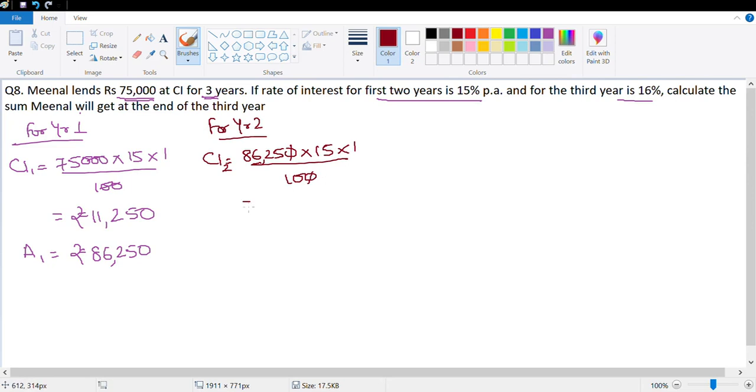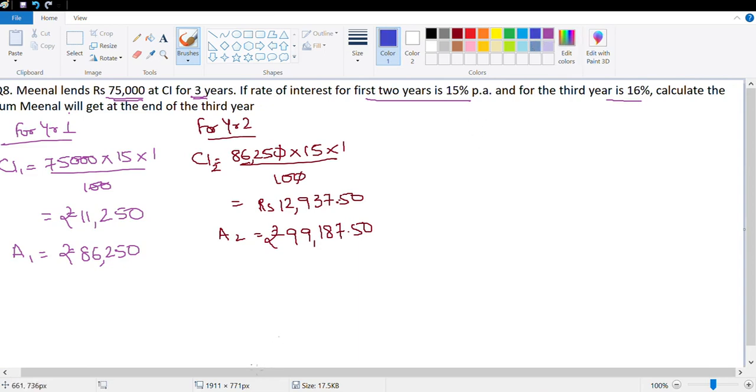That's 8625 into 15 divided by 10, which is rupees 12,937.50. So amount at the end of second year would be equal to 86,250 plus 12,937.50, which works out to rupees 99,187.50.